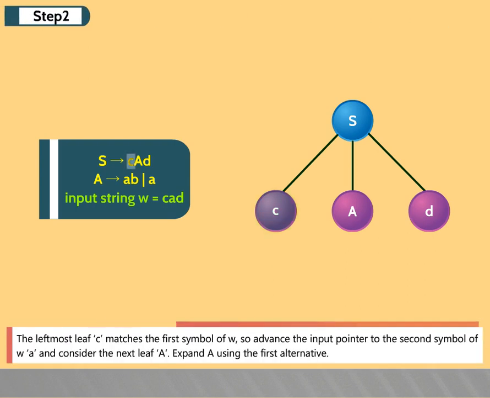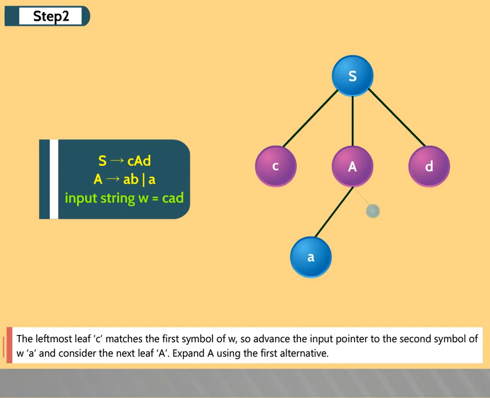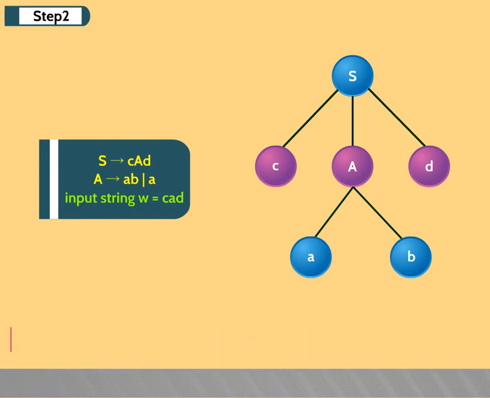Step 2. The leftmost leaf c matches the first symbol of w, so advance the input pointer to the second symbol of w, a, and consider the next leaf A. Expand A using the first alternative. Step 3.